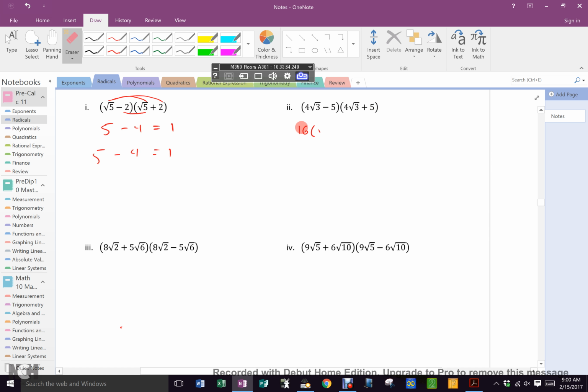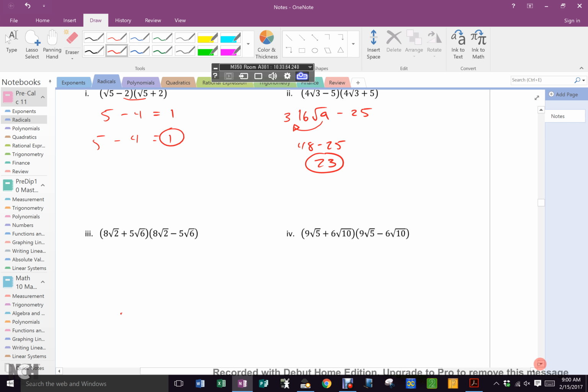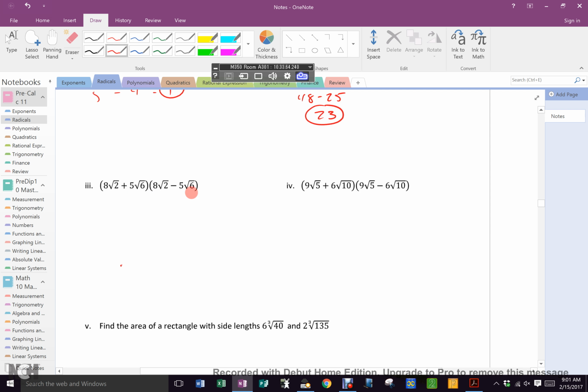Now I'm going to write this out properly. 16 root 9, 3 times 3, minus 25, right? What's the root of 9? 3. 48 minus 25, 23. What happens here? The middle term drops out again, right?